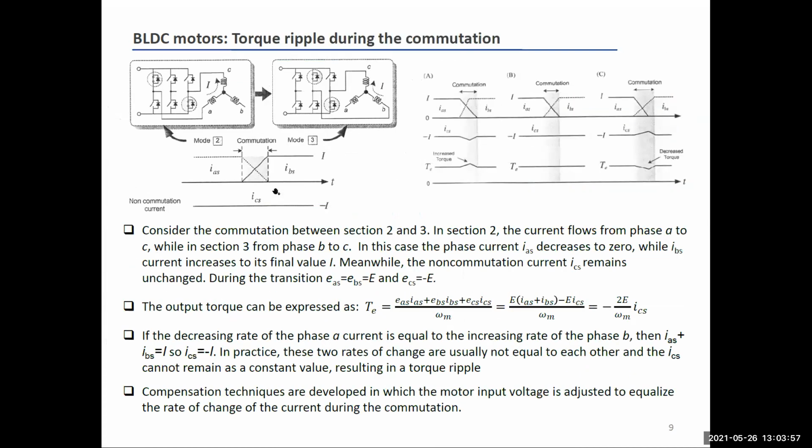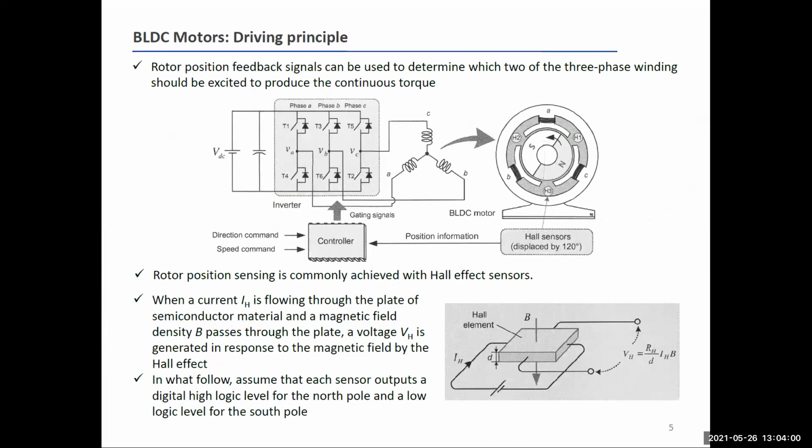Remember the discussion that I had at the beginning of this brushless DC motor operating principle discussion. I said that in order to generate a continuous torque at the output shaft of the brushless motor, I need to know the position of the magnetic field generated by the permanent magnet in the rotor. And this is done by using specific magnetic sensors that can be, for example, Hall effect sensors.